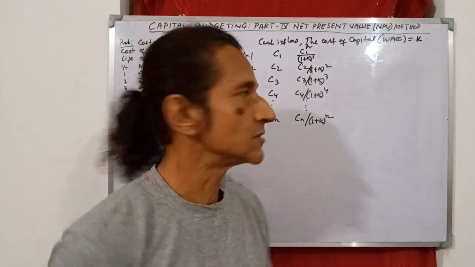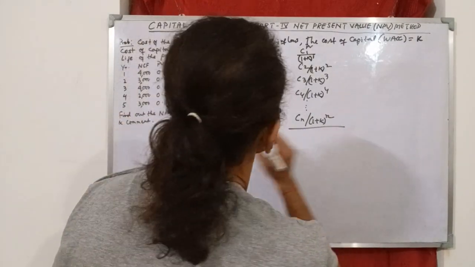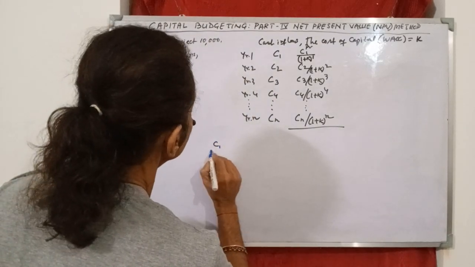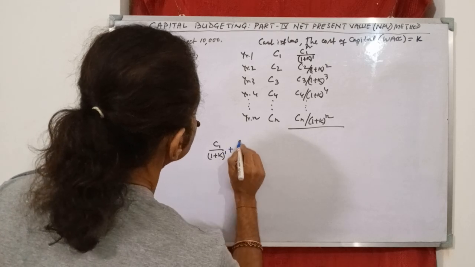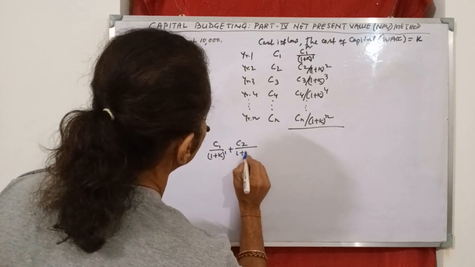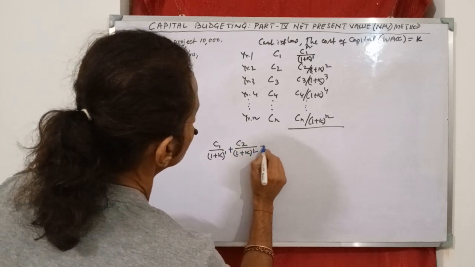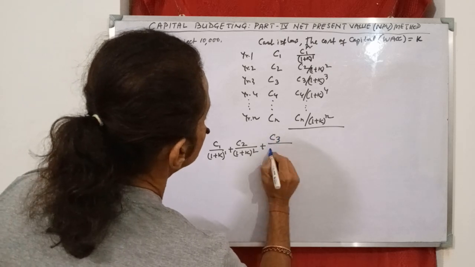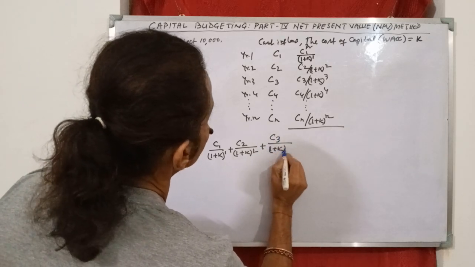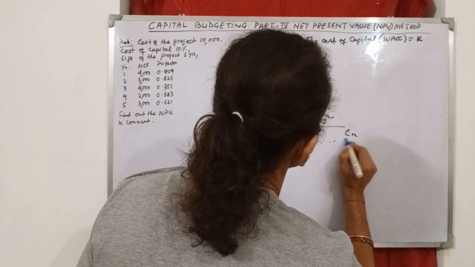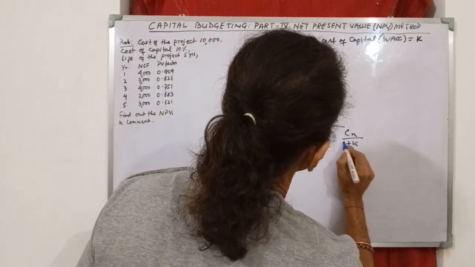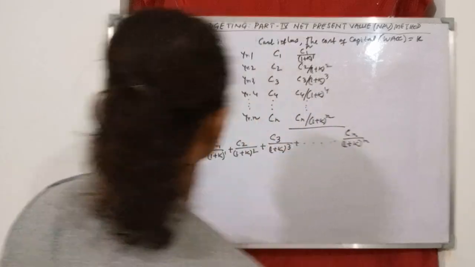Right? So if we add up, this will be like this: C1 divided by 1 plus K to the power 1 plus C2 divided by 1 plus K to the power 2 plus C3 divided by 1 plus K to the power 3 plus Cn divided by 1 plus K to the power n.